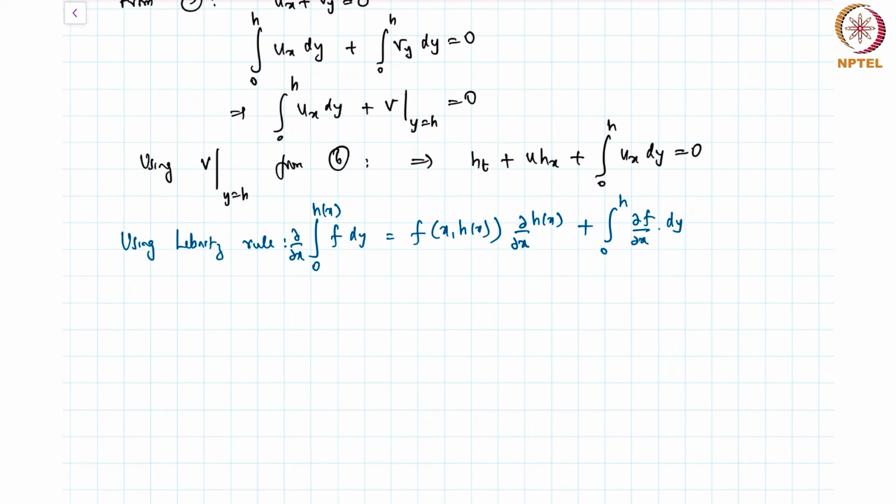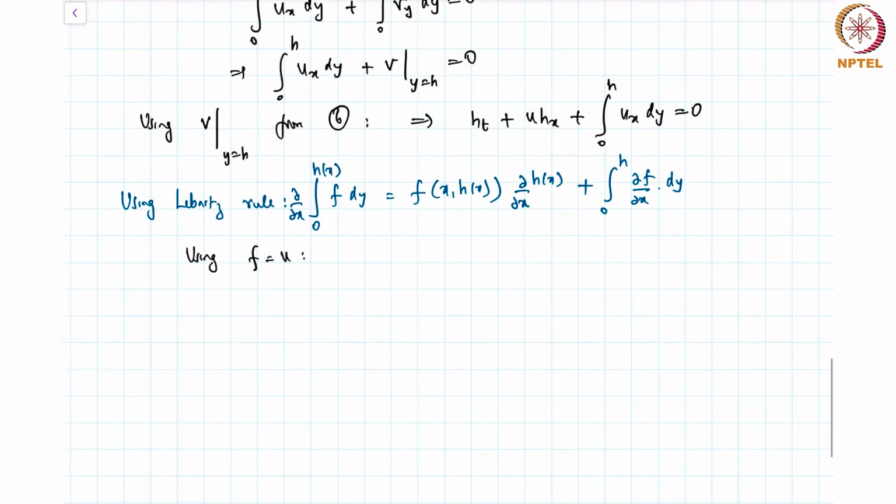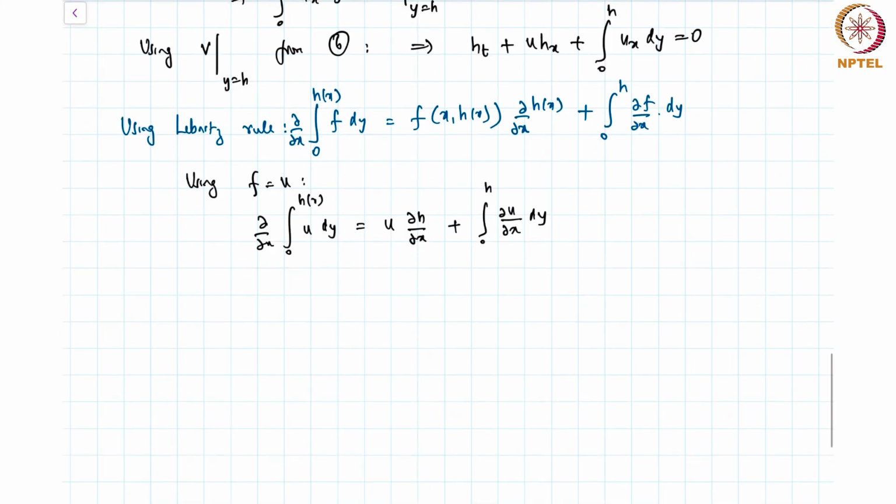This is basically my Leibniz rule. So using f equal to u, I simply get del by del x of integral 0 to h of x of u dy becomes u times del h by del x plus integral 0 to h of del u by del x dy, right?